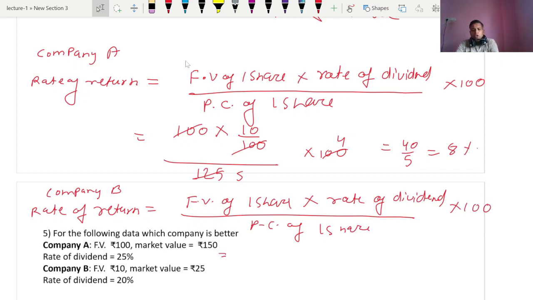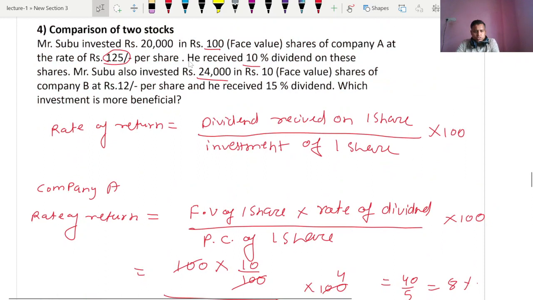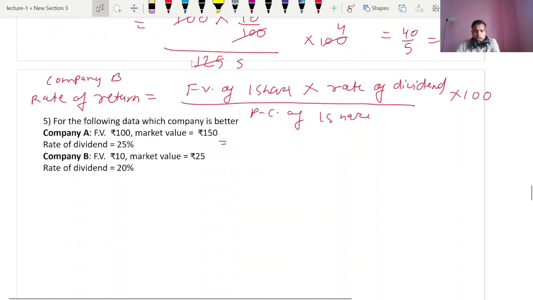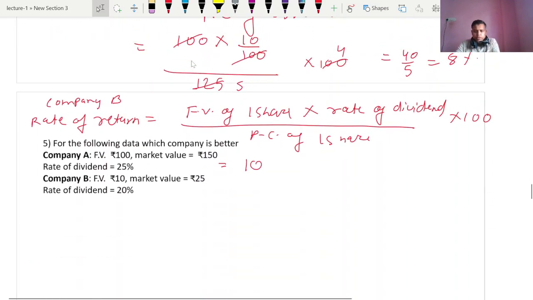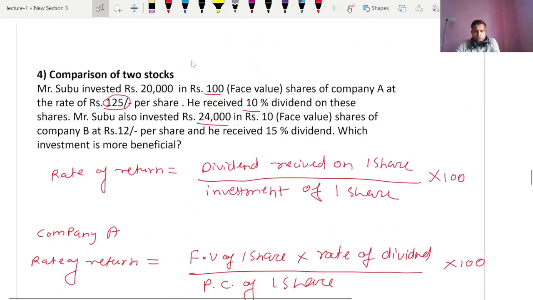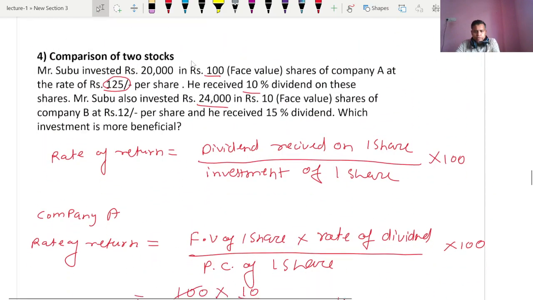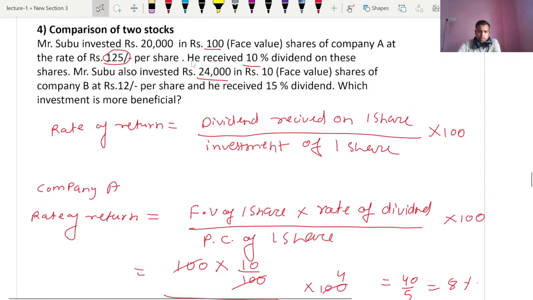So what is the face value of one share? The face value of one share is 10 rupees for company B, multiplied by the rate of dividend for company B, which is 15%. See here, read the question properly first of all.